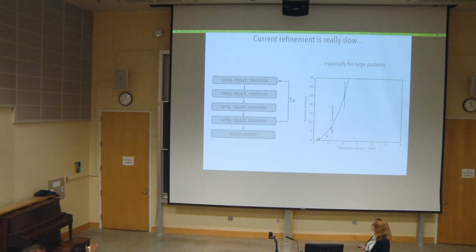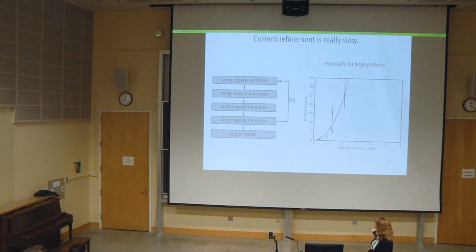The reason why this is the case is how the protocol is set up. It ramps full atom repulsive scores up in the modeling protocol. Then it does a sidechain repacking and minimization. It does that 5 times.